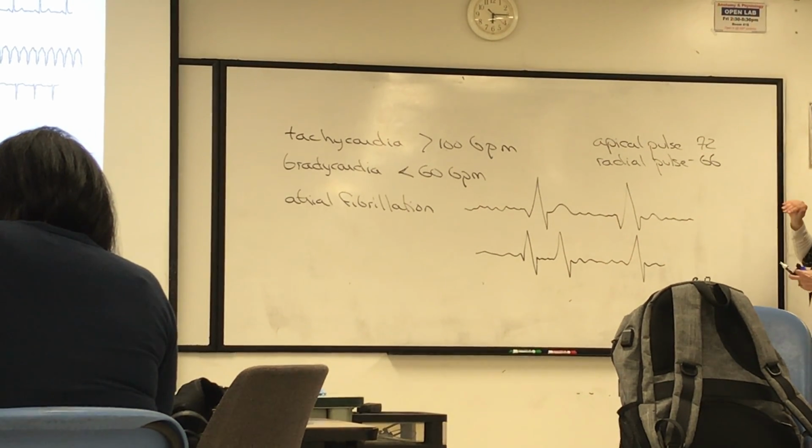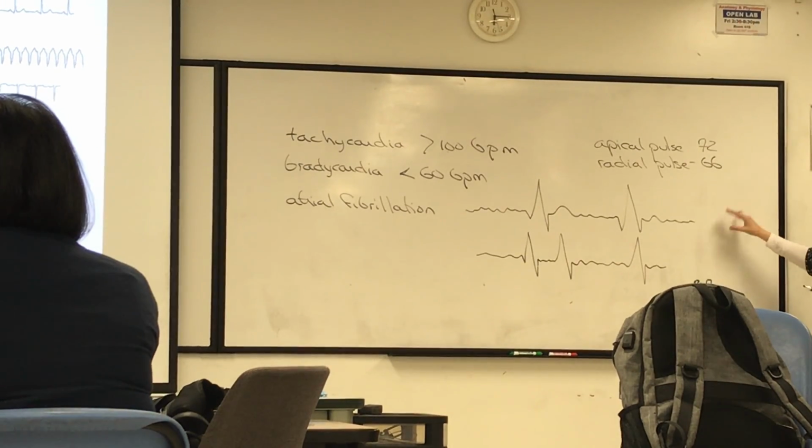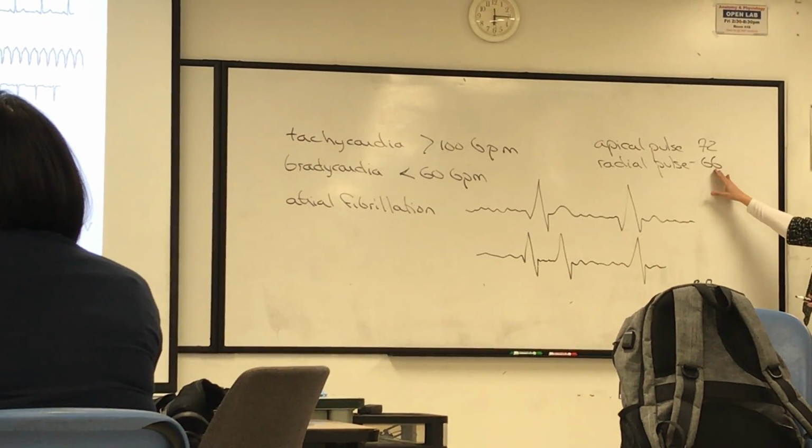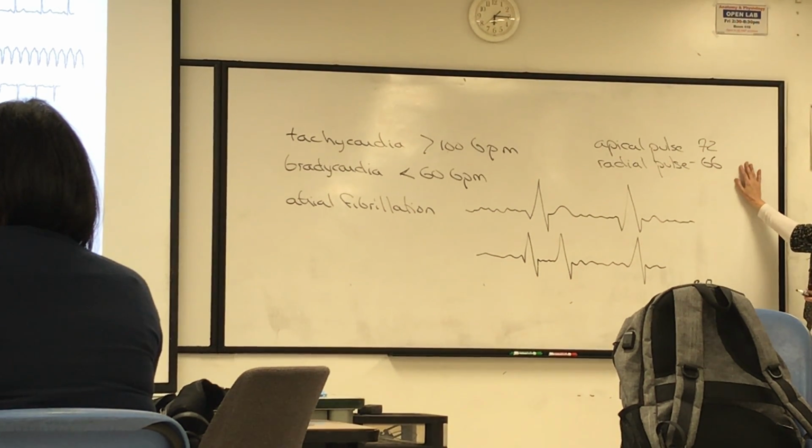Now, the blood's still going to move through the body, and as I said, most of the time people have no symptoms. There's often a public service announcement on the radio about preventing strokes and checking for the difference in the apical pulse.